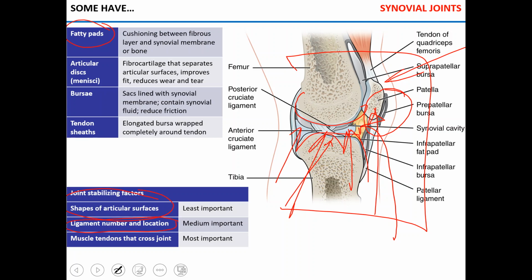More important is number of ligaments and their position, but the most important are the muscle tendons that cross the joint. So for instance, hip joint or knee joint are relatively stable joints because muscles that cross knee or hip are quite massive. Those are muscles in a leg. You know, they're big muscles, they're usually strong muscles.